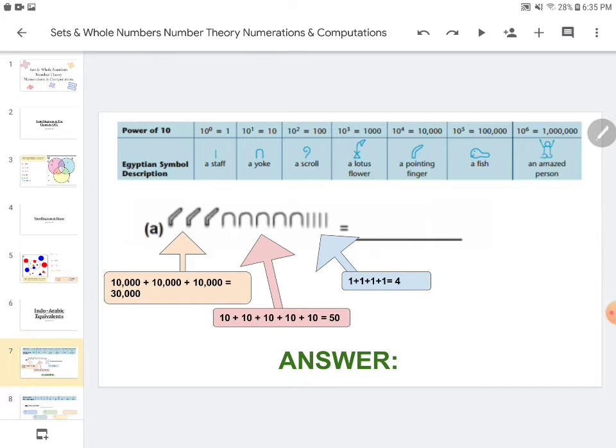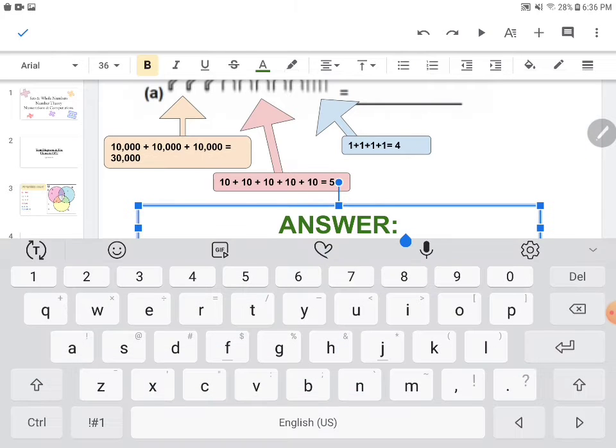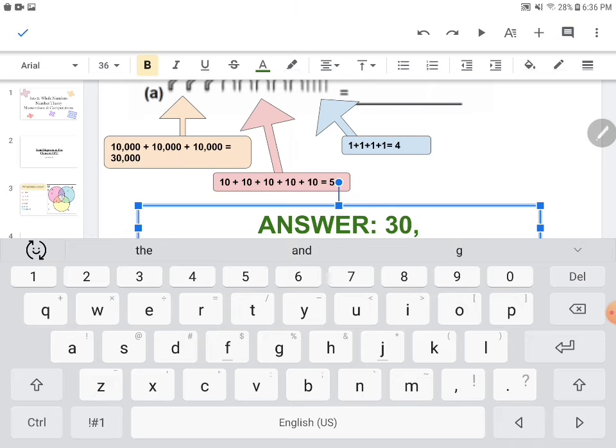To find the final solution, we add 30,000, 50, and 4. You can use a calculator or mental math. I'm going to use my calculator. 30,000 plus 50 plus 4 is 30,054.